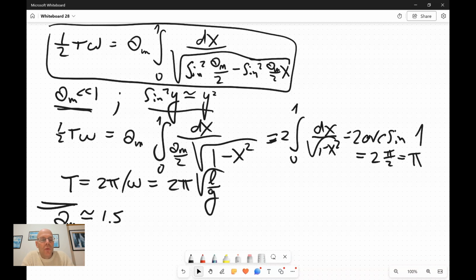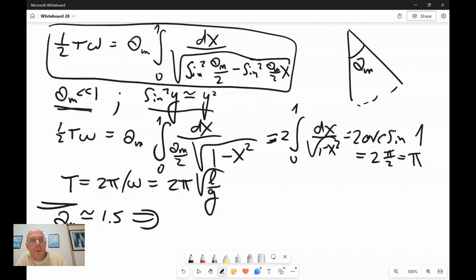Why do I choose 1.5? 1.5 is very close to the maximum angle, which is pi over 2, right? So theta max can be at most pi over 2, which is roughly, a bit above 1.5. Let's see what we will get for the period when theta max is 1.5.